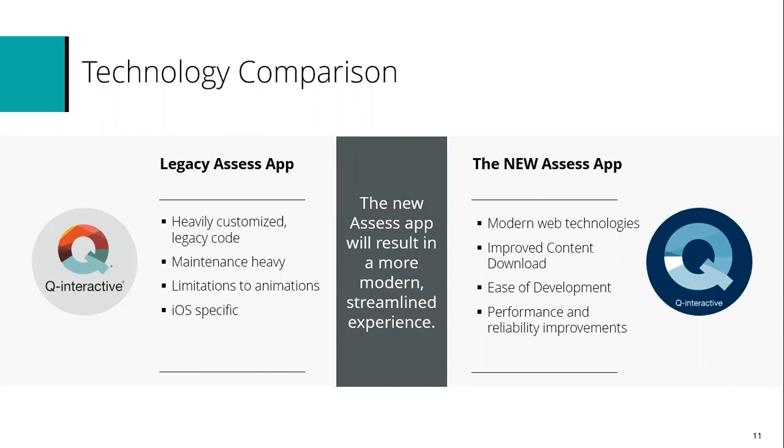Whereas the new Assess app is built on a foundation which can draw upon modern technologies and widgets created by others and integrated. Because of this foundational difference, the legacy app requires a great deal of maintenance and improvements are slower to build and much more limited. So we're really excited about where we can go with this going forward.